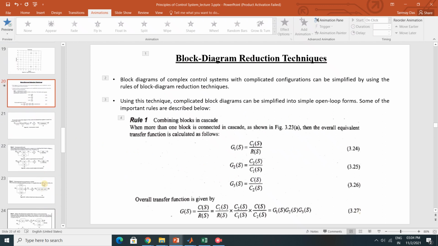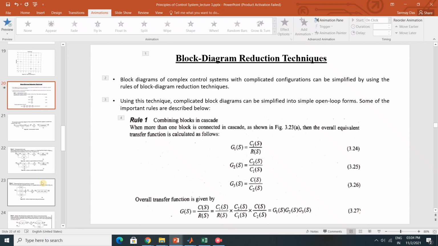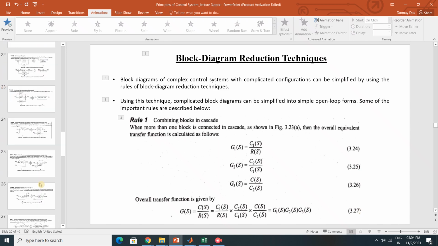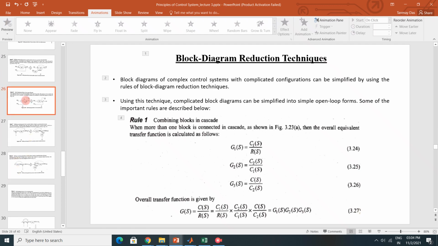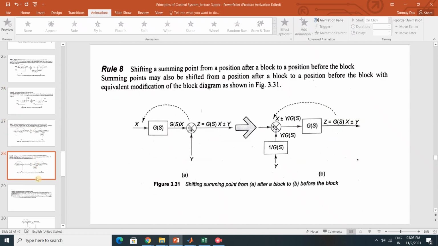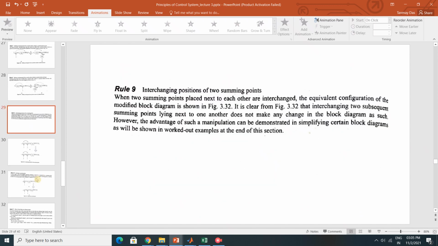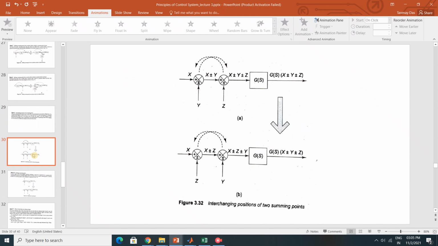This was the topic that was started. Now these rules were discussed, on how to implement this block reduction technique, because there are some techniques.